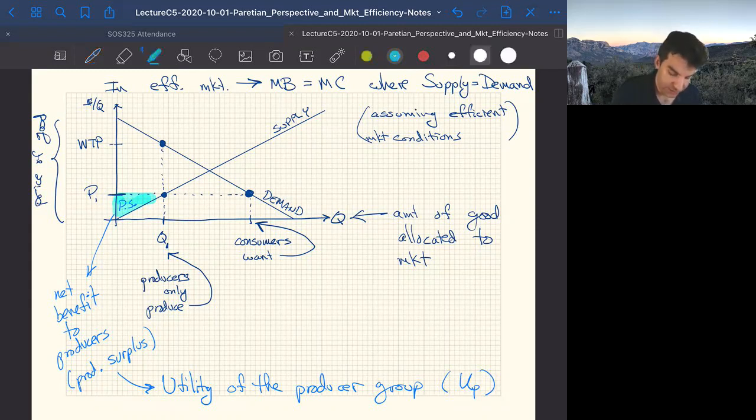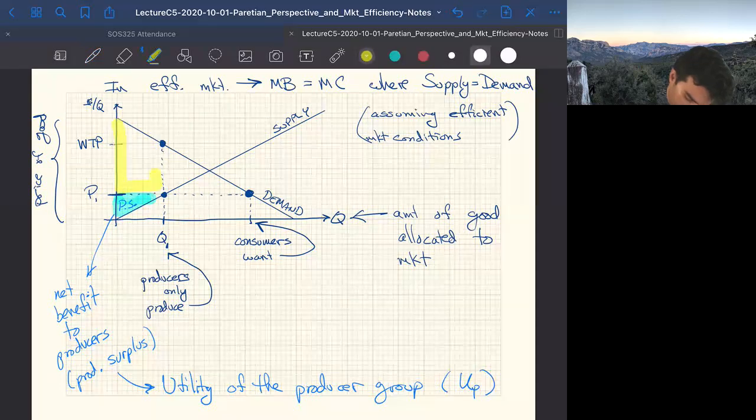Now we can also measure the consumer surplus, which is this top end here, which we've already had some experience with.